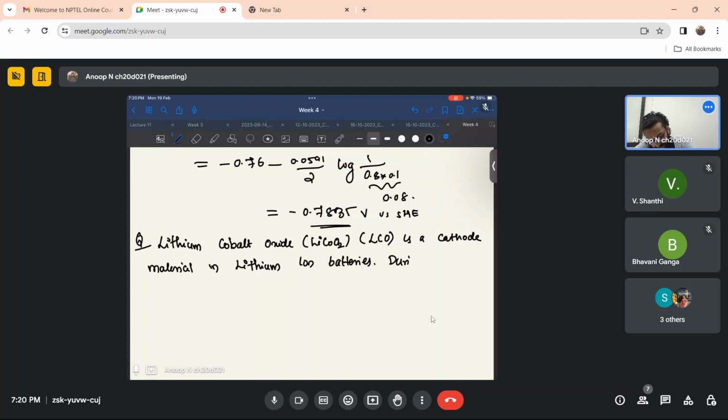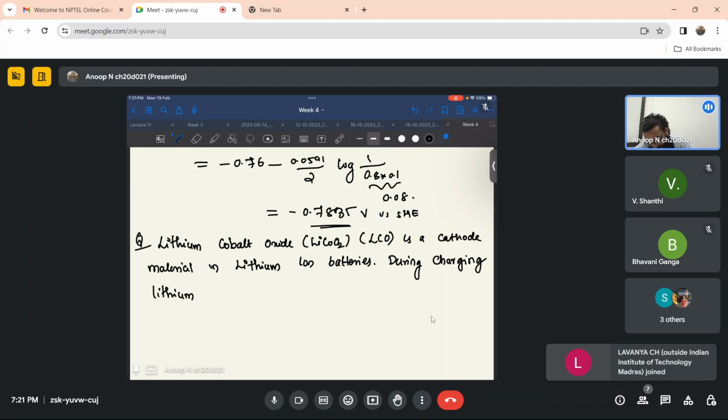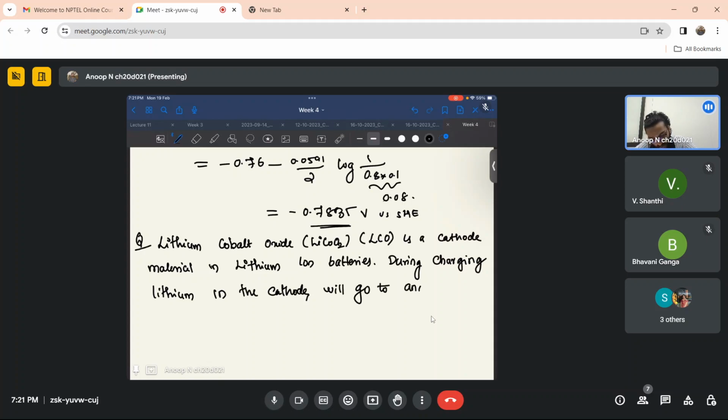During charging, lithium in the cathode will go to the anode and get intercalated between graphite layers. Graphite has van der Waals layers, so it will get intercalated in the graphite layer.